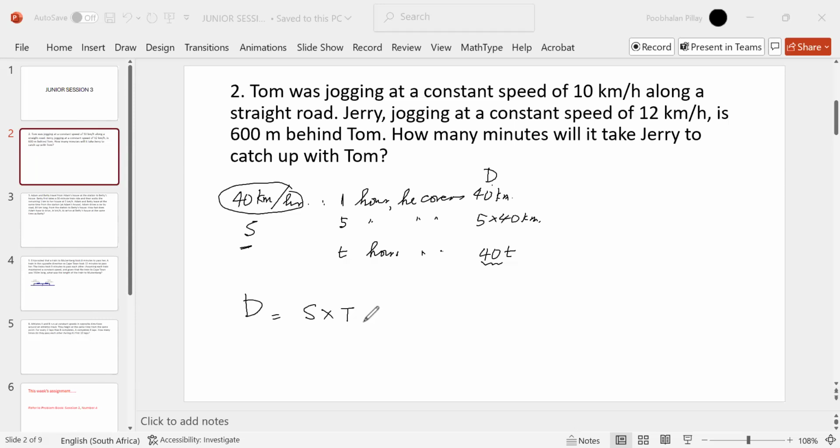But you don't have to worry about formula. If you translate this, you'll see that it'll just come naturally. The product of S and T is the distance, so you can get other formulas from them. The speed is equal to distance divided by the time, or the time is distance divided by speed. Because if you multiply these two, you will get the distance.